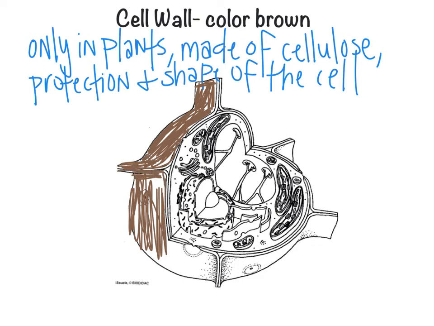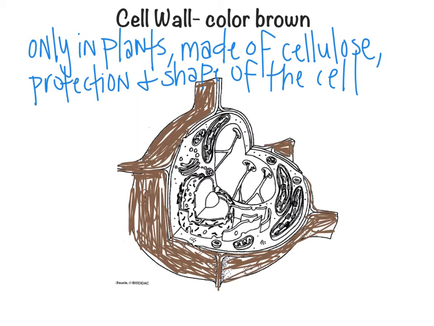You just don't want to get that little piece that we colored light green with our cell membrane. Okay. So color all the outside of our cell here brown. Hopefully, as I've been saying the whole time, you're doing better than myself. So anyway, color in your cell wall brown.